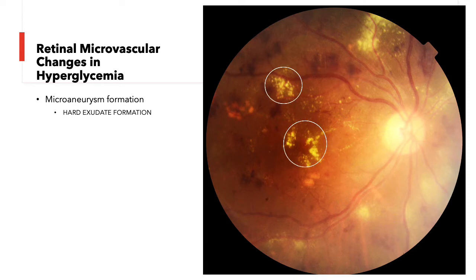Once outside the blood vessel, these plasma components, your cholesterol and lipids, tend to accumulate and aggregate until they become visible to the naked eye, and we label them as hard exudates. Therefore, although they are not a direct effect of the hyperglycemia, hard exudates are a consequence of the microvascular changes that occur in diabetes.